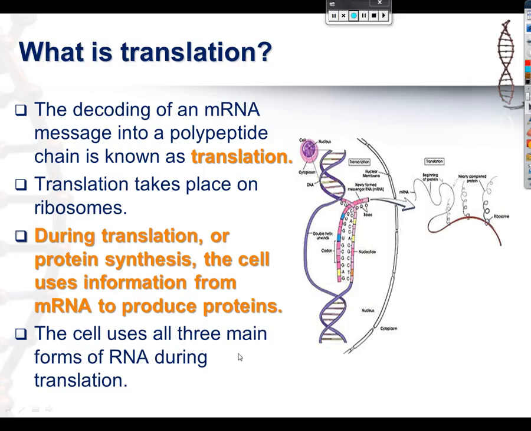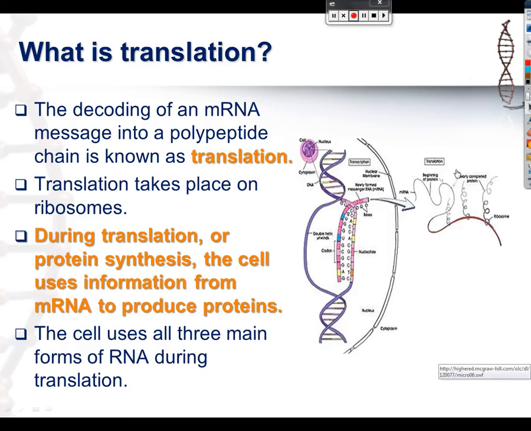The cell uses all 3 types of RNA during translation. mRNA is used because that's the initial copy that leaves the nucleus and goes over near the ribosomes. tRNA is going to attach codon to anticodon to start forming the polypeptide chain, and ribosomal RNA is the RNA at the site of the ribosome that's going to be used to make the protein.